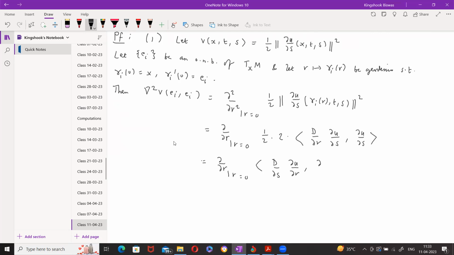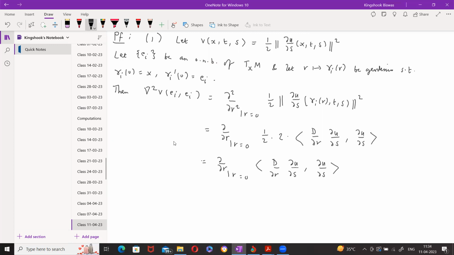Okay. Now when I apply this derivative, let me do this one step later. So let me keep this the same. This is D del r del u del s. When I apply del del r here, I'll get again D del r of the first term, inner product del u del s, plus the first term inner product D del r of del u del s.